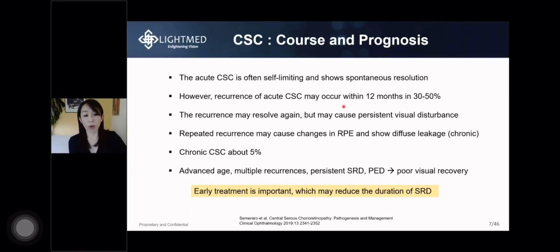And if you get older, with multiple recurrences and persistent subretinal fluid, then the visual prognosis becomes worse. Therefore, it is very important to treat as early as possible and to reduce the duration of the serous retinal detachment.